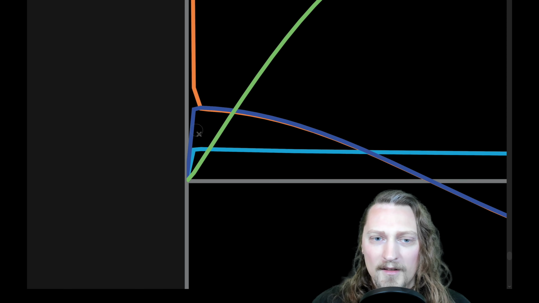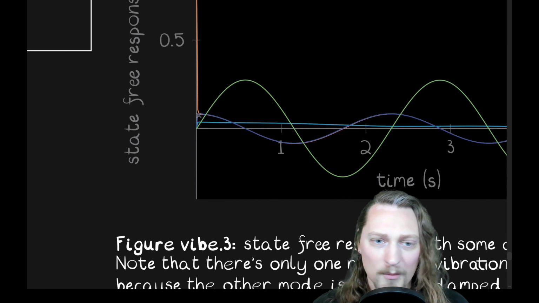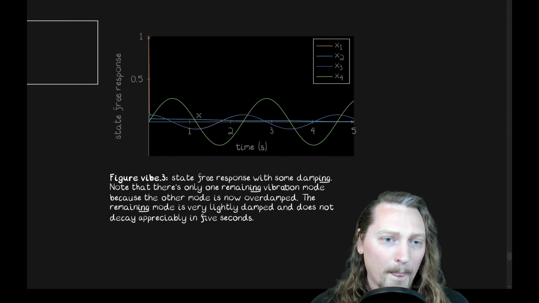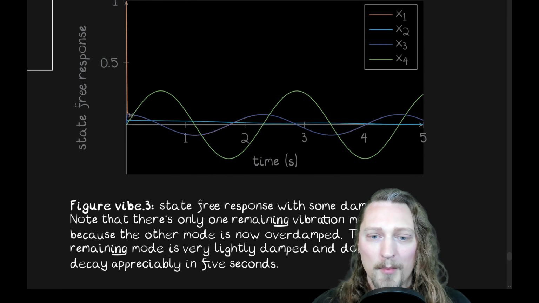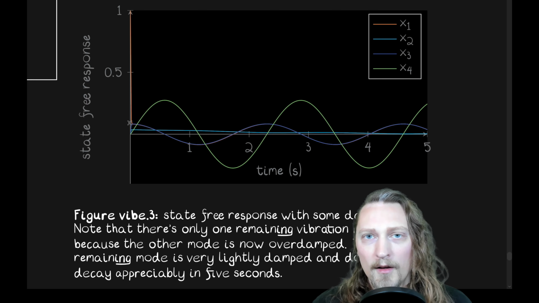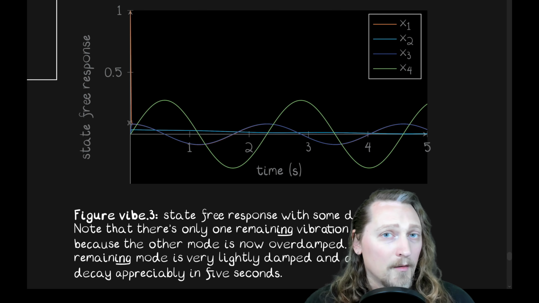And once that component of the response is gone, however it enters into x1, x2, x3, and x4, it disappears in the first few data points of this plot. And everything else is dominated by that complex conjugate pair.